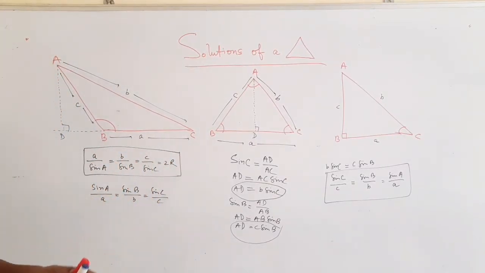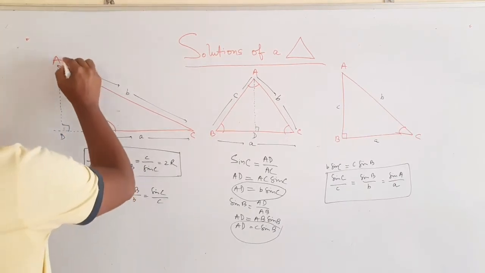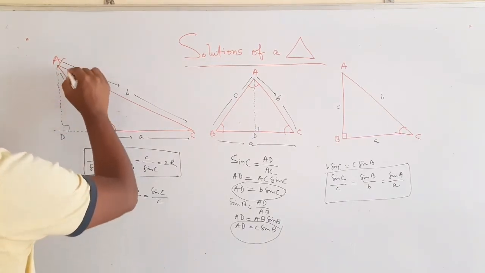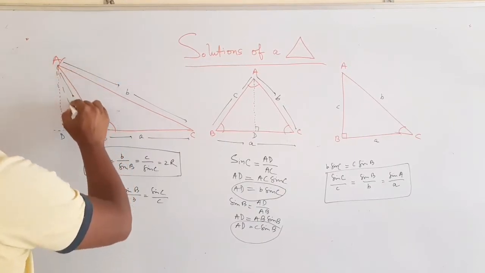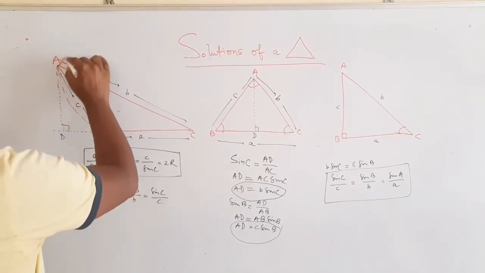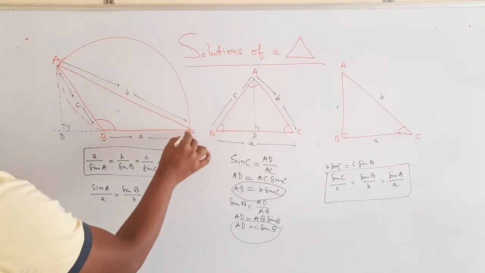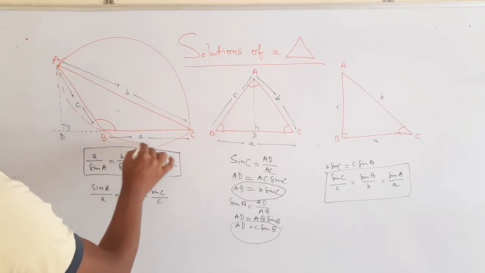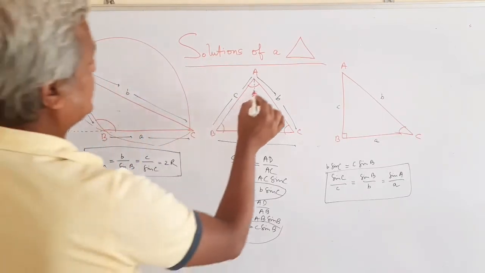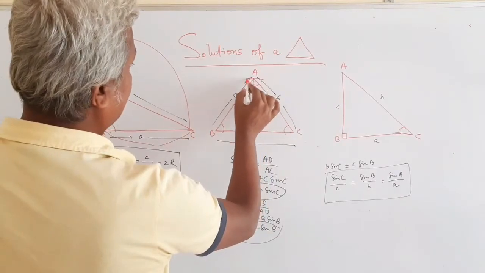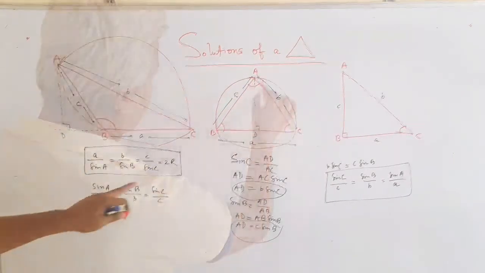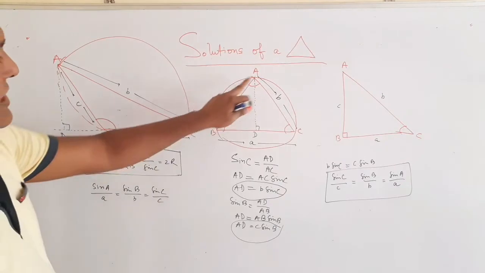Like if you draw a triangle, then there is a possibility that you can draw a circle, a circle which is passing through all the three vertices of the triangle. This is called the circumcircle, and the radius of this circumcircle is called the circumradius.